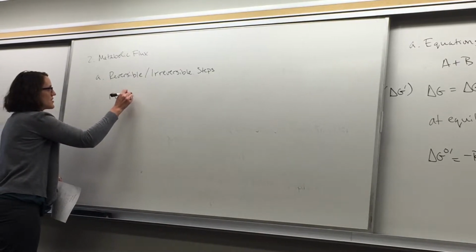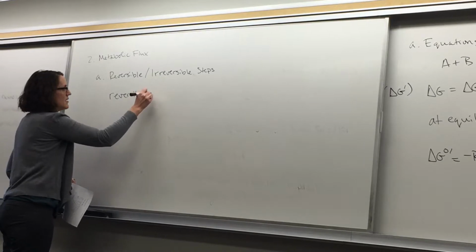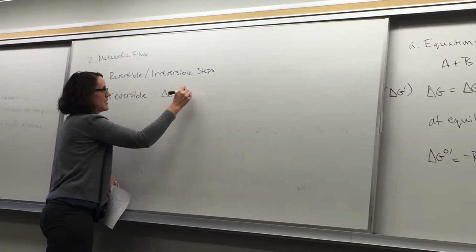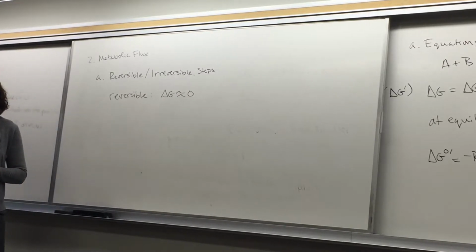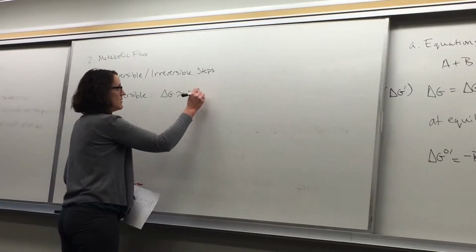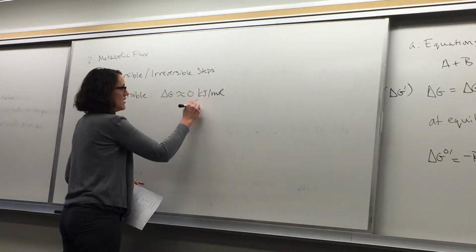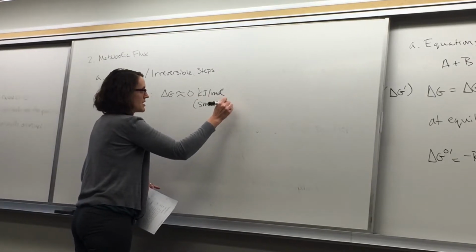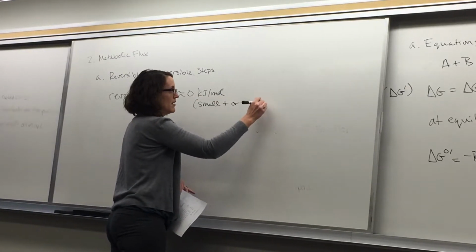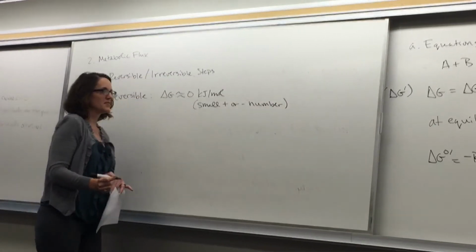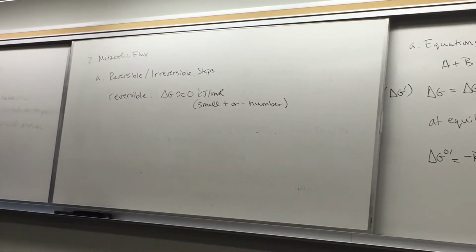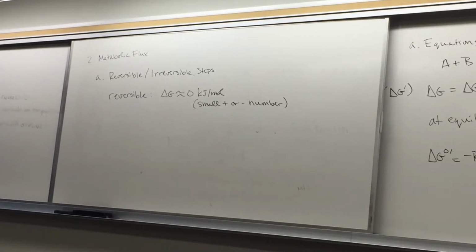So when we look at our reversible steps, our delta G is going to be very close to 0. It's probably not going to be exactly 0, but it will be a very, very small number. So it might be a small positive number or a small negative number, but it's going to be small. And that means that if we alter the concentrations of either our reactants or our products, we can alter the direction that that reaction is going to go.